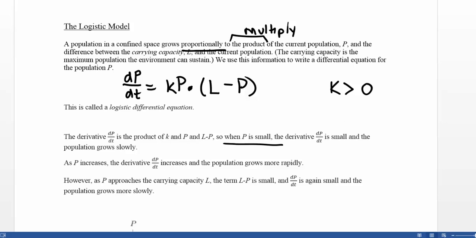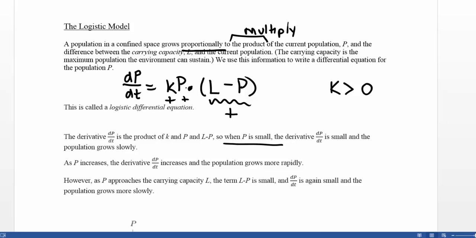Now, as P gets bigger, right, so if we increase P, then our derivative is also going to get bigger. Because remember that P is never going to be bigger than L, because L is the maximum it can be. So that term is always going to be positive. We know that k is positive and the population is positive. So as P increases, then our derivative also increases.